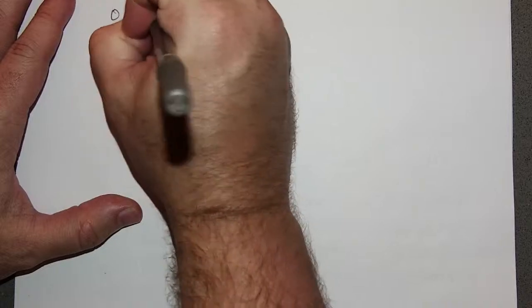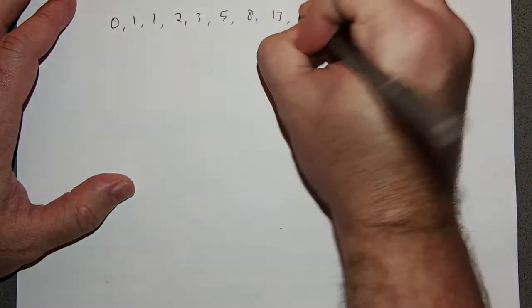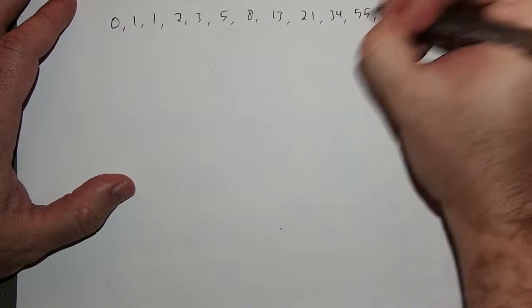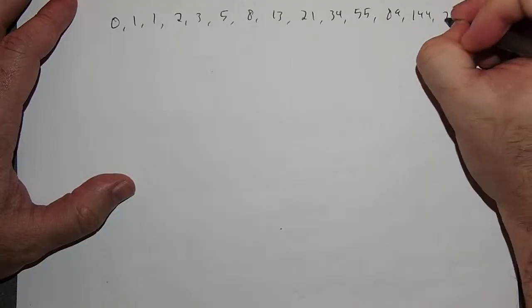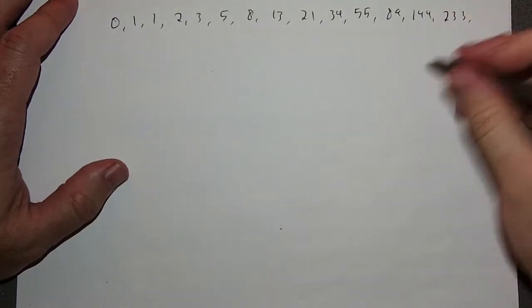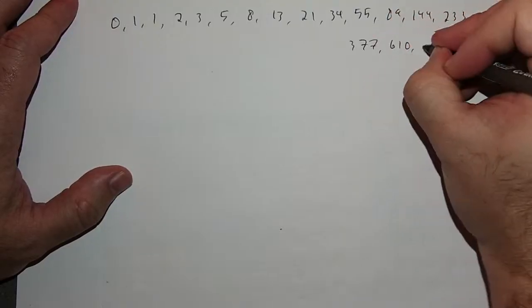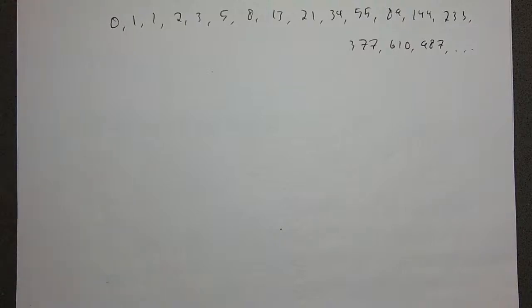First, if I wanted to write out the Fibonacci numbers until I just get bored or pass out, it would be 0, 1, 1, 2, 3, 5, 8, 13, 21, 34, 55, 89, 144, 233, 377, 610, 987, and so on.